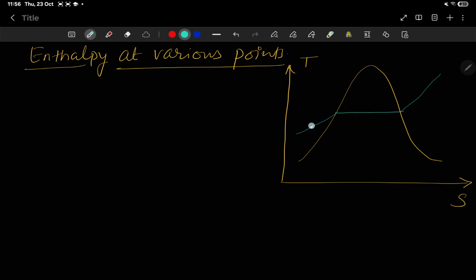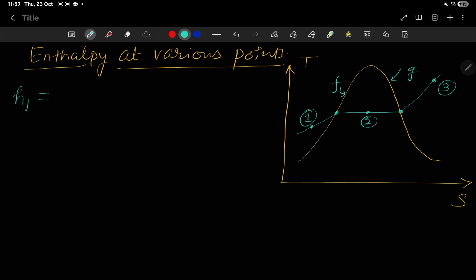Now let's take point 1 here, point 2 here, and point 3 here. Okay, let's see what is going to happen. This is the F line, and this is the G line. Okay, now let's write enthalpy at 1.